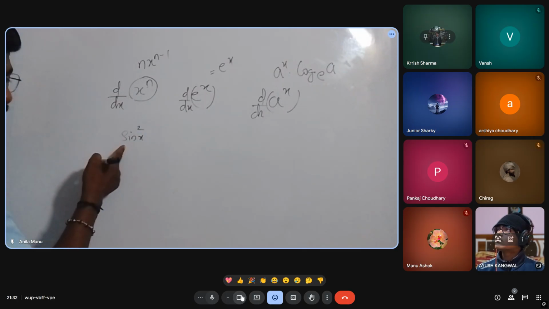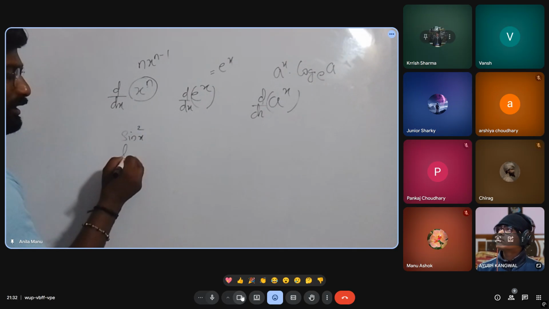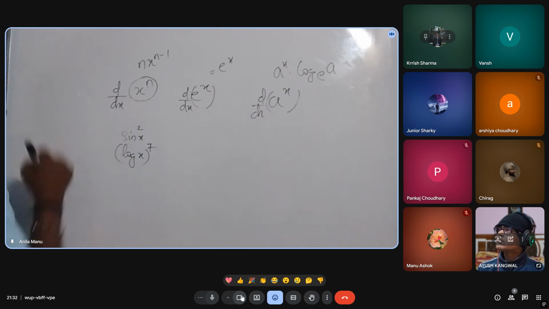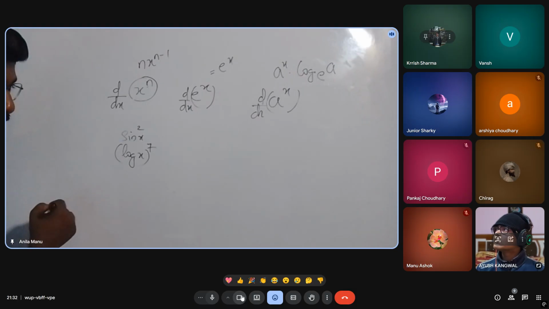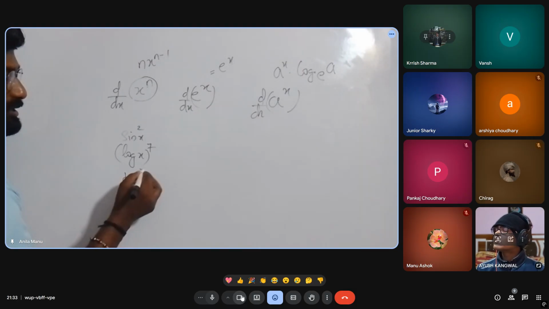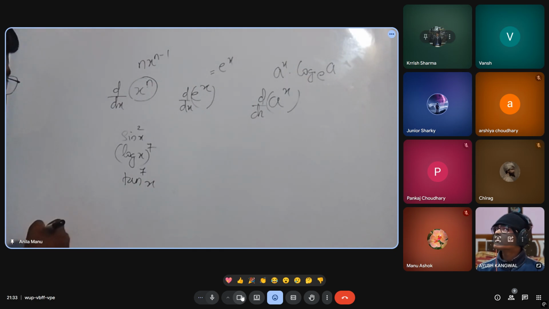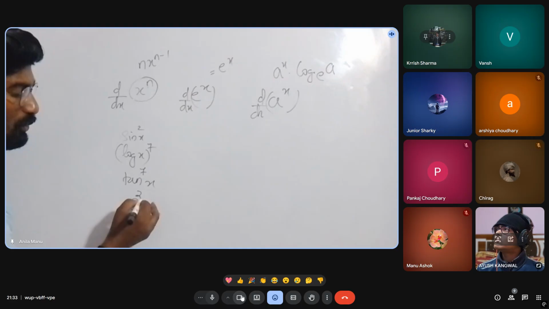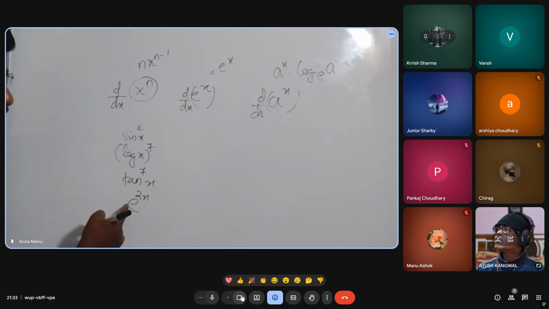If I write log x the whole raised to 7, this property is possible. If I write tan raised to 7x, clear? If I write e raised to 2x, I can write it as e raised to x the whole square.